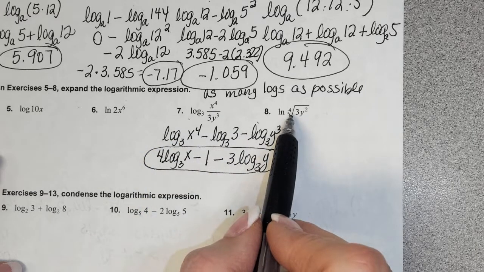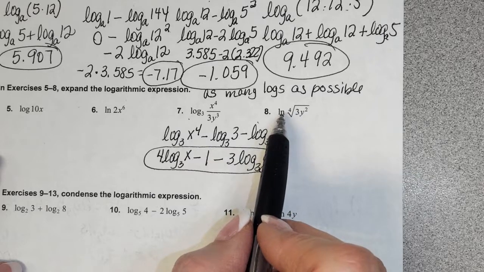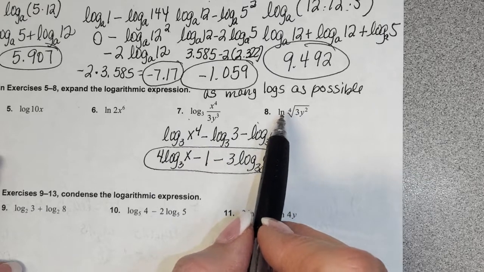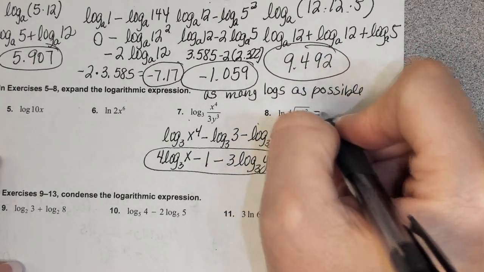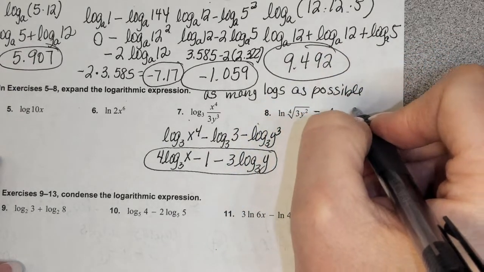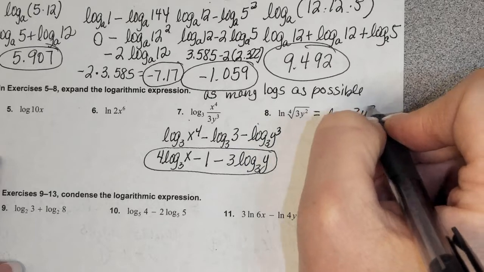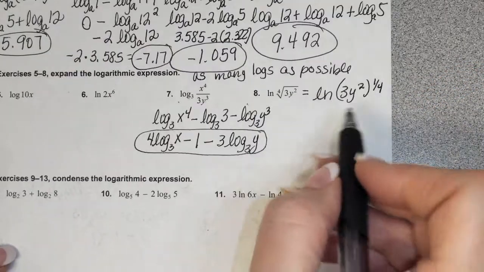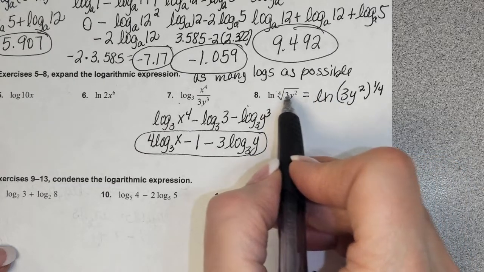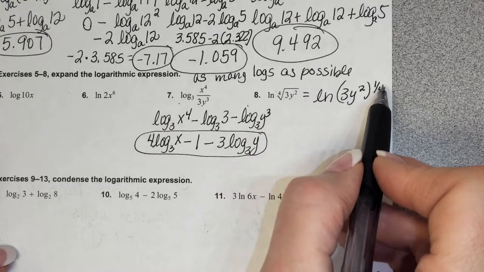All right, for this one, I'm going to start off by trying to expand this, but I've got to realize that something's happening to both of these. See, this is the same as natural log of 3y squared to the 1/4. You guys see that? How both of these are to the 1/4 power?